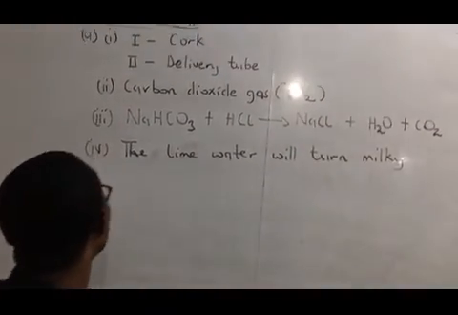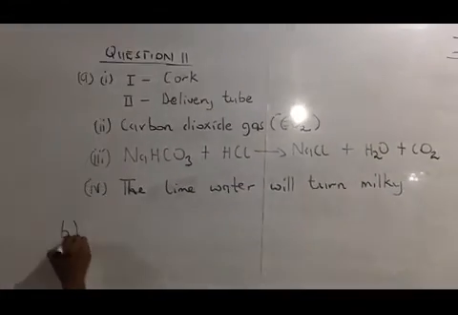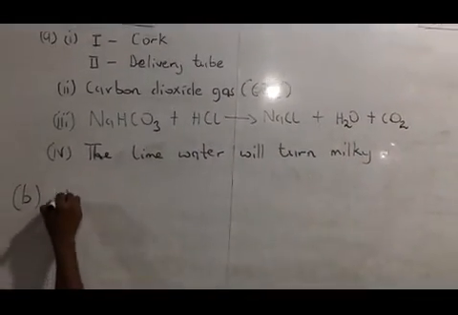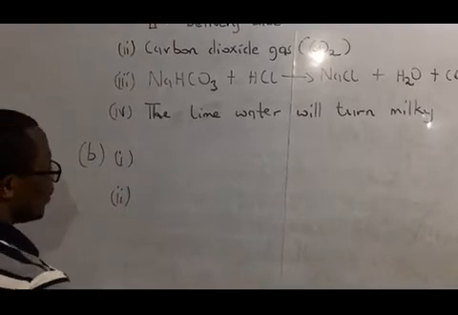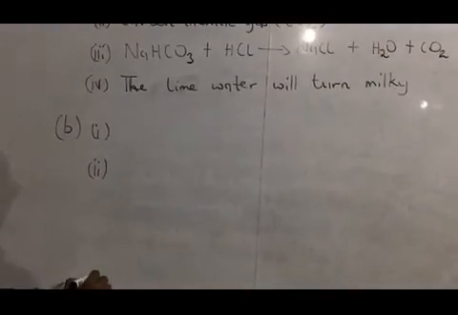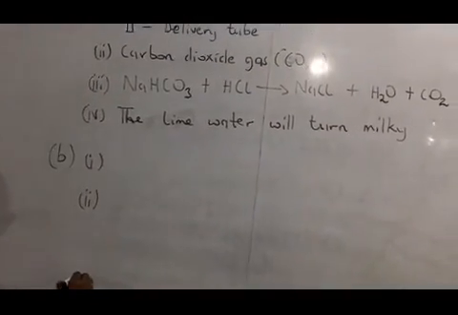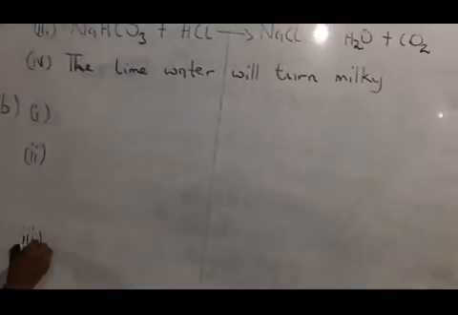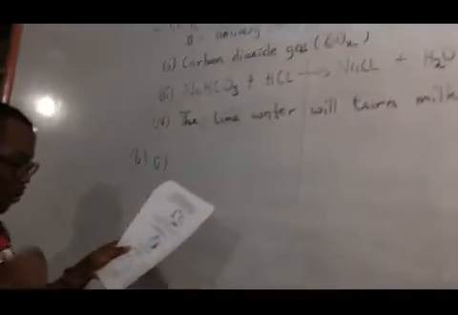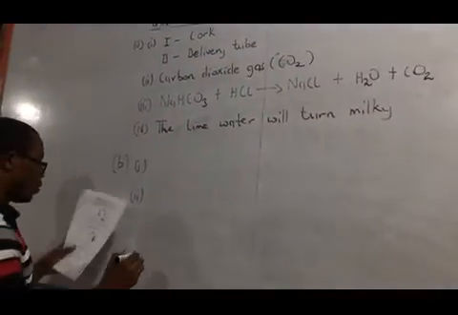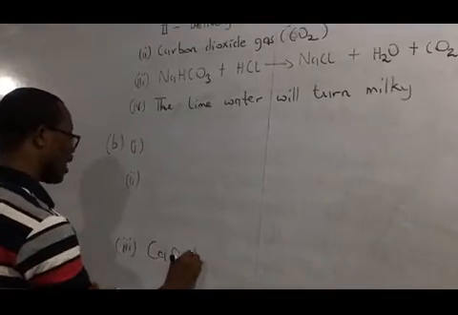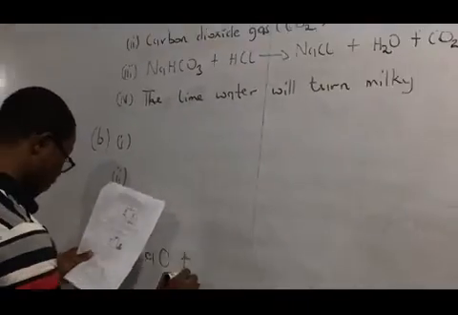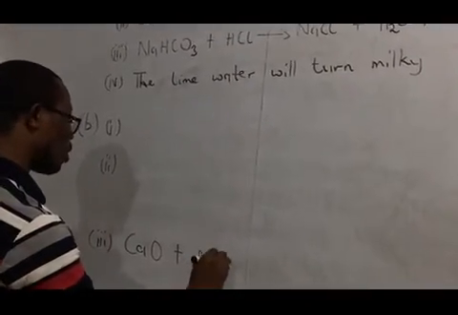So we have question B. Part I, part II, which is for you to list the properties, and then we have part III, asking you to write the equation. So you're going to write the equation first. The equation is calcium oxide plus ammonium chloride.